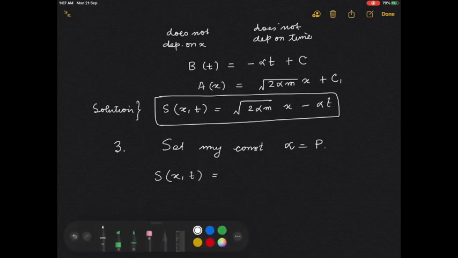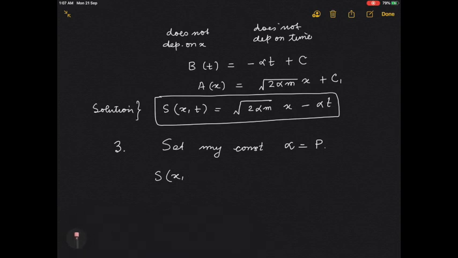If I do that, now I get S in terms of P. Because we will take derivatives with respect to capital P, this S depends on the value of capital P, so I keep it there. The idea is to take the derivative first and then set it to a constant.